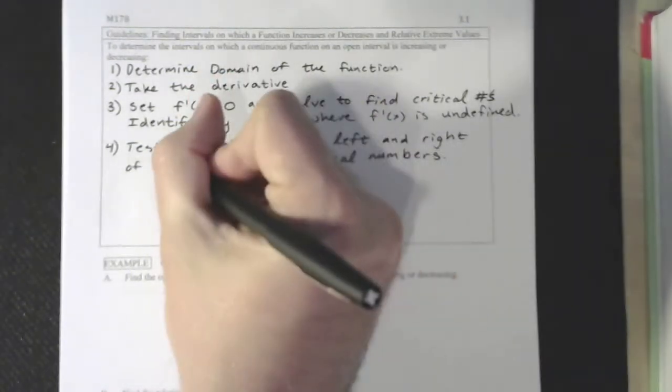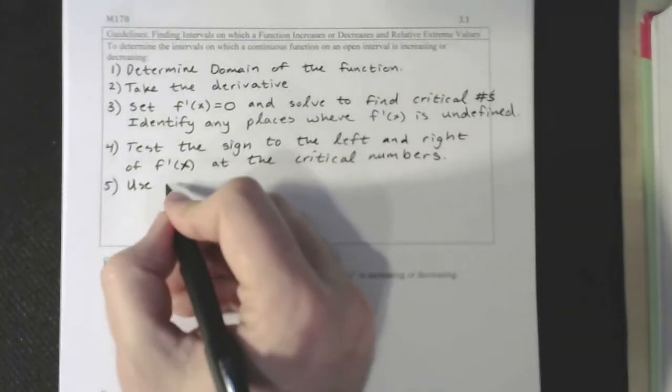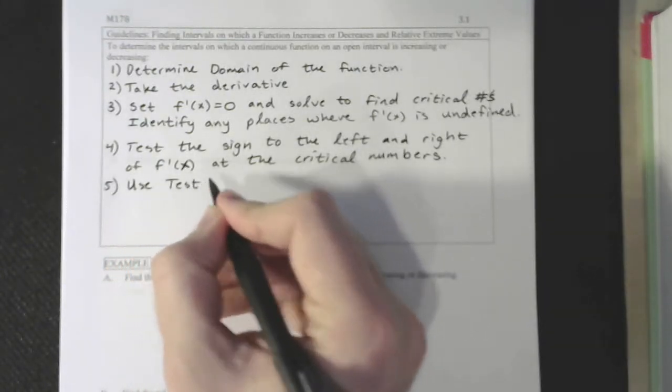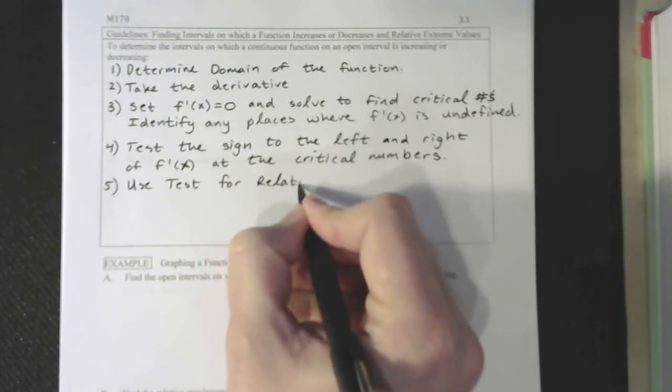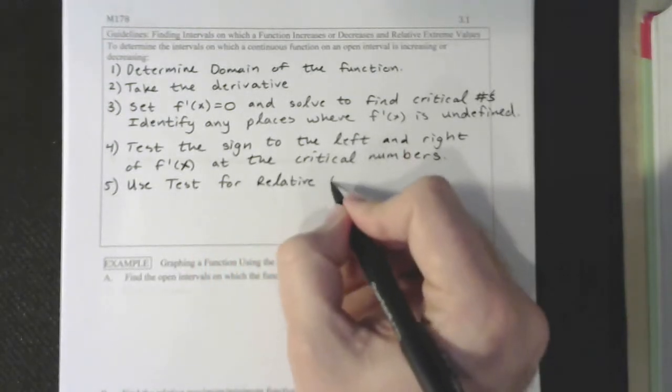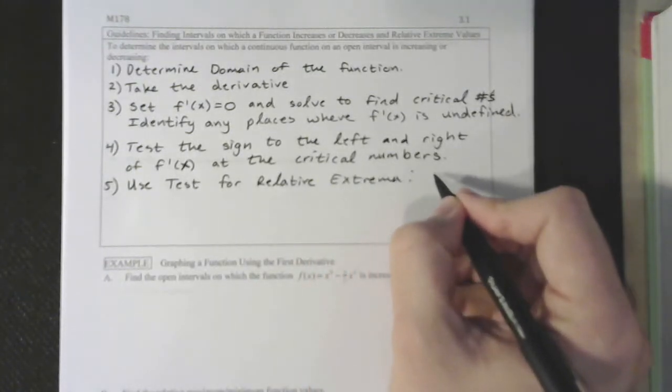So we need to see if it's positive or negative on the left and right of every single critical number. And then we can use the test for relative extrema. This is the first derivative test.